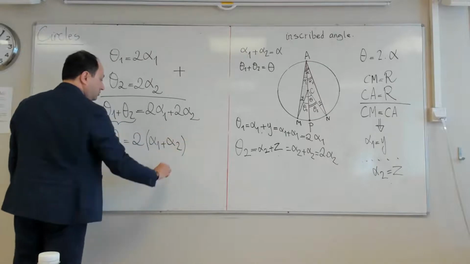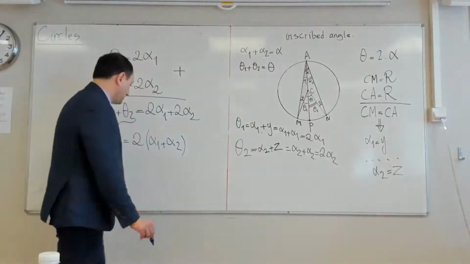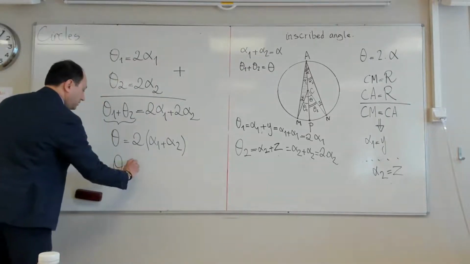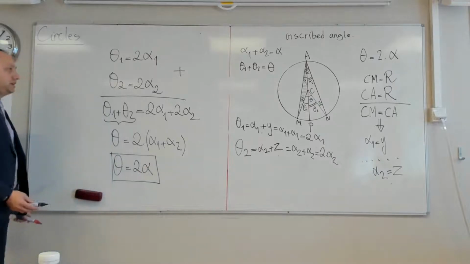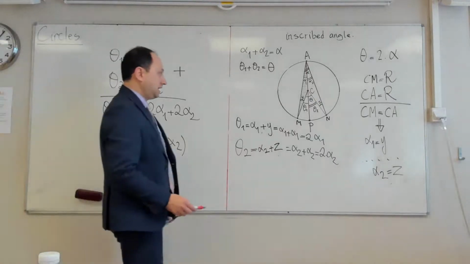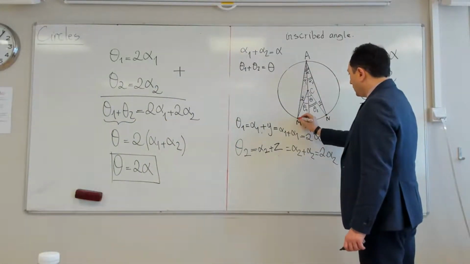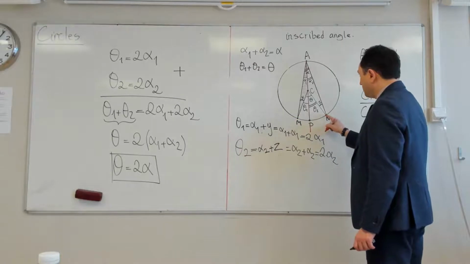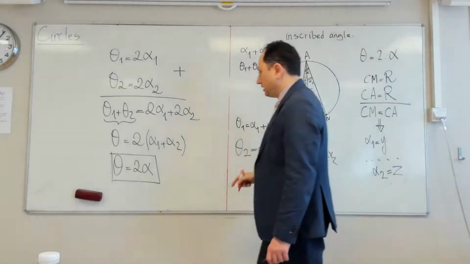So I am factoring 2 out. Right. Okay, but what is alpha 1 plus alpha 2? So it is alpha. So it is 2 times alpha. So that is an extremely simple, but a very nice relation. But let me emphasize again. This arc should be the same arc, both for the central angle and for the inscribed angle.